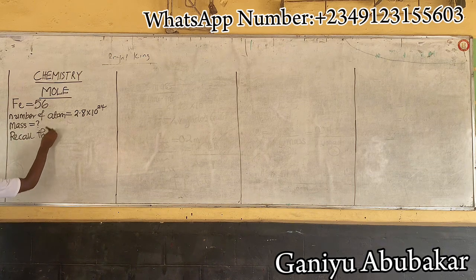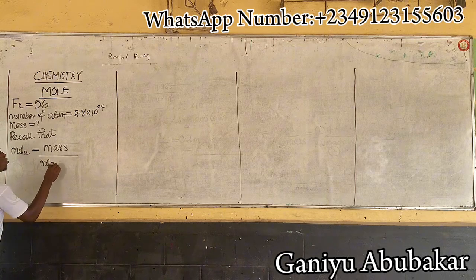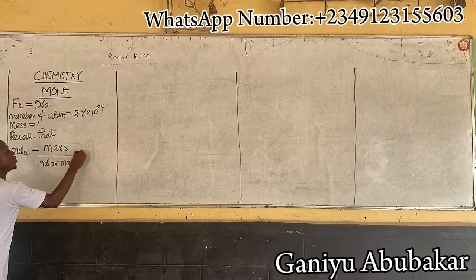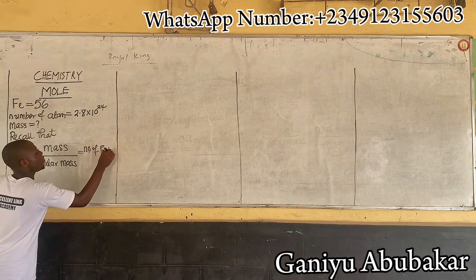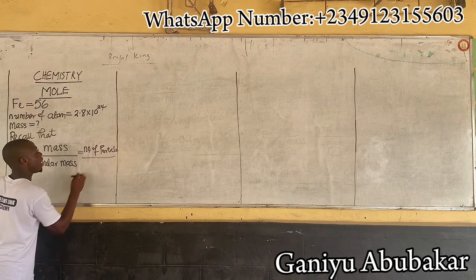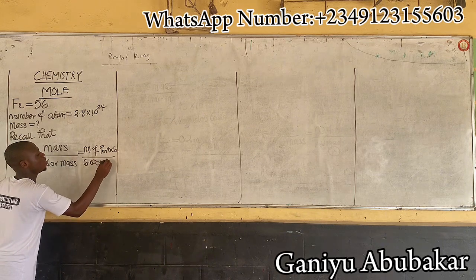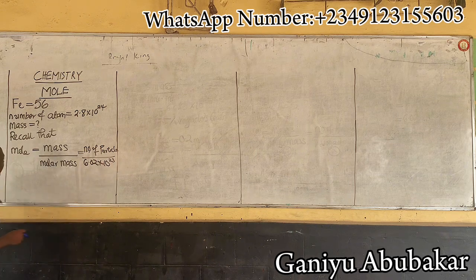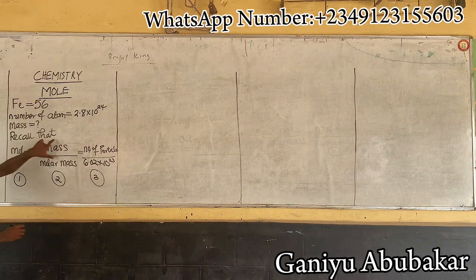Recall that we said mole is equal to mass over molar mass, which is equal to number of particles over Avogadro's constant, which is 6.02 times 10 to the power 23. In this case I have equations 1, 2, and 3.